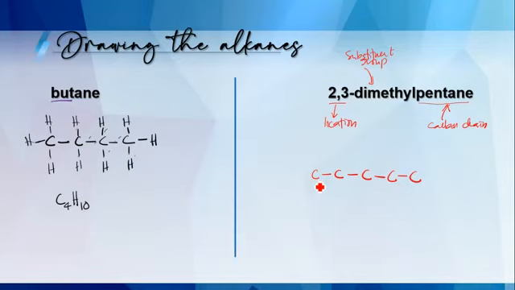In this case, if you decide this one is 1, 2, 3, 4, 5, it's easier for you. You can see we have 2 methyl groups, at carbon number 2 and carbon number 3. So you just add 1, 2. Methyl is CH3.